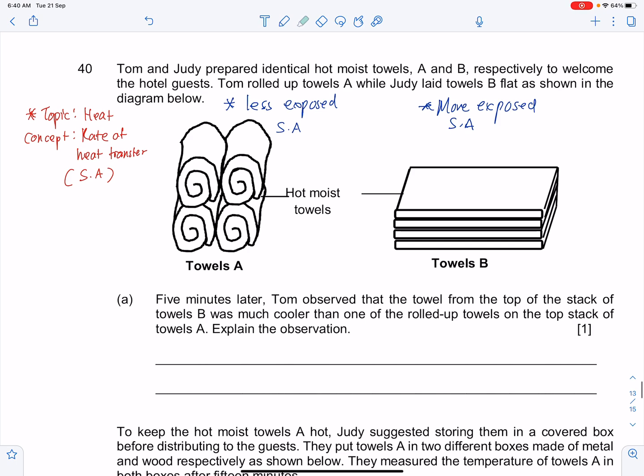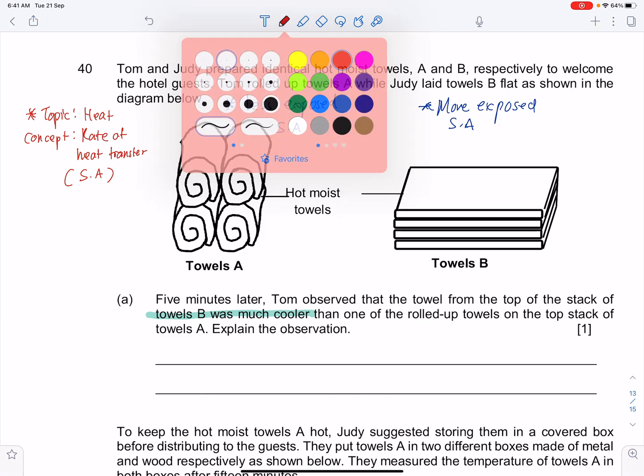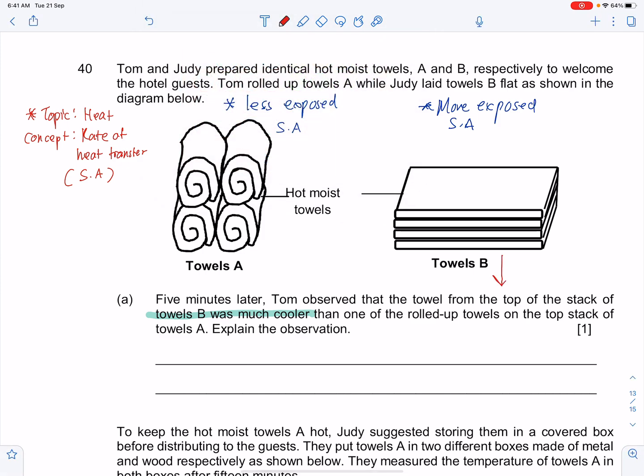If you look at the question, it talks about the fact that he noticed that B was much cooler. So you're looking at temperature, right? And temperature has got to do with heat gain or heat loss. So in this case, they tell you that B has a lower temperature, so a bigger lower arrow as compared to A, a smaller arrow. So this is the two main difference.